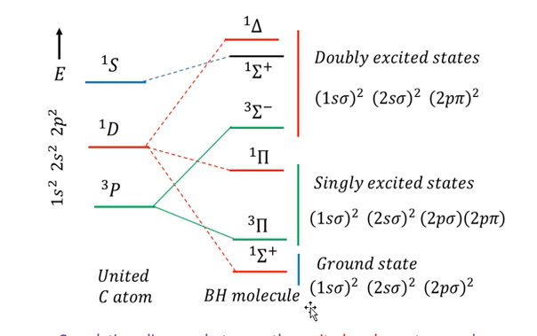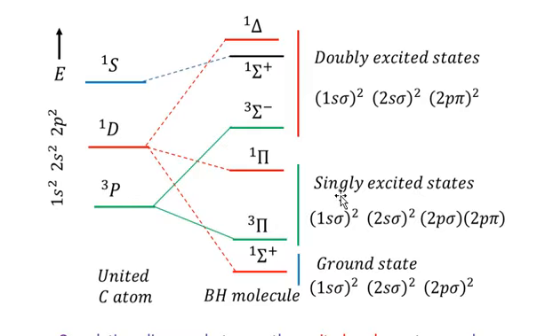The BH molecule has the ground state configuration (1s sigma)^2, (1s sigma u)^2, (2s sigma u)^2, (2p sigma u)^2. This is the ground state. And if you compute the molecular state on the basis of this ground state, you will get 1 sigma plus.